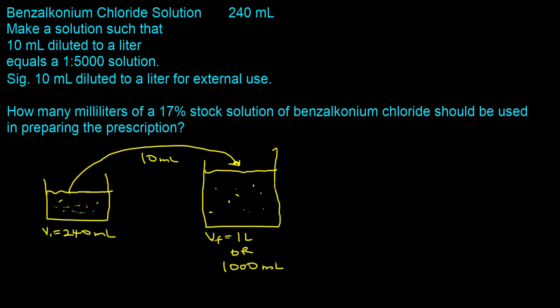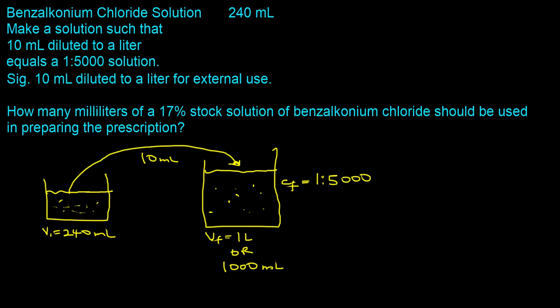The other thing that we know about this solution is its concentration is equal to 1:5,000. So this is a ratio strength, which implies that you have 1 gram of benzalkonium chloride in every 5,000 milliliters of solution.